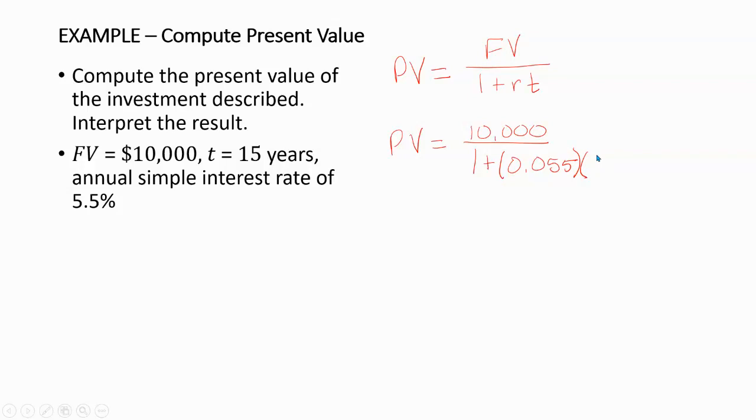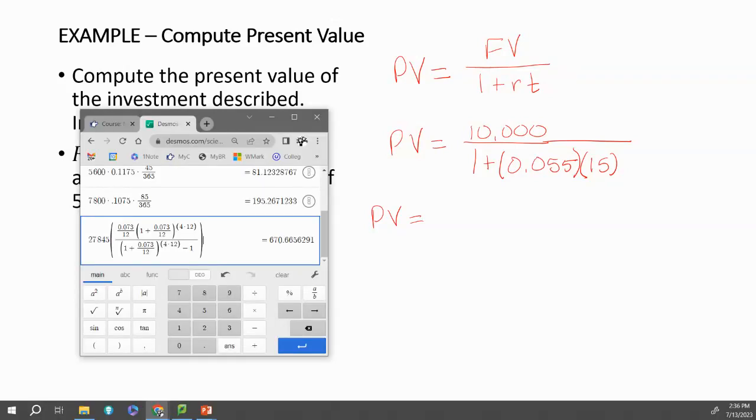Times the time, which is 15. So present value equals, and I'm going to go back to Desmos for this one because of the fraction and complicated denominator.